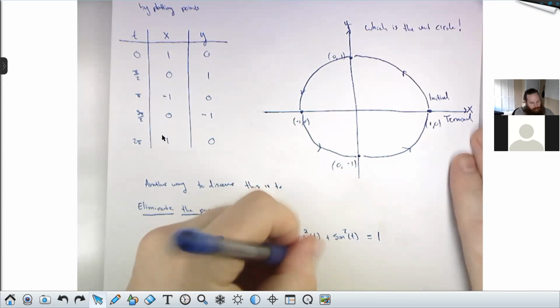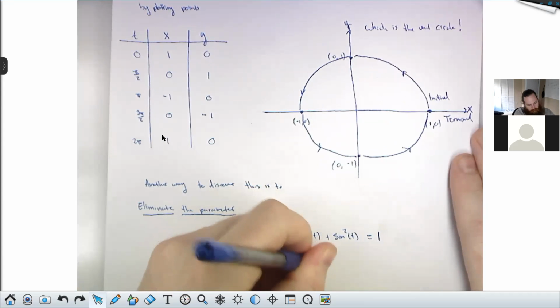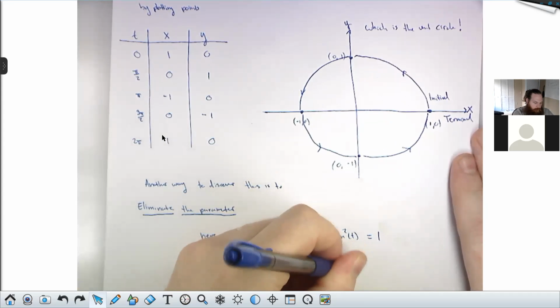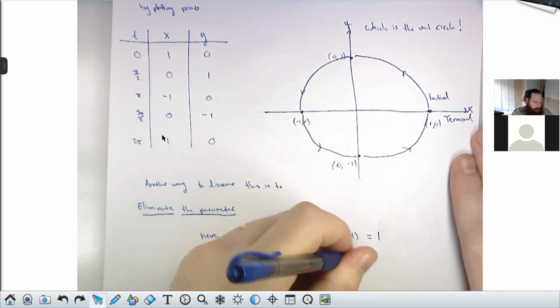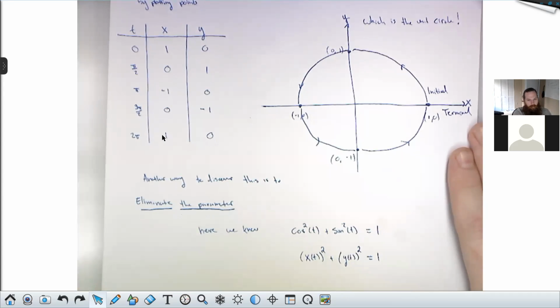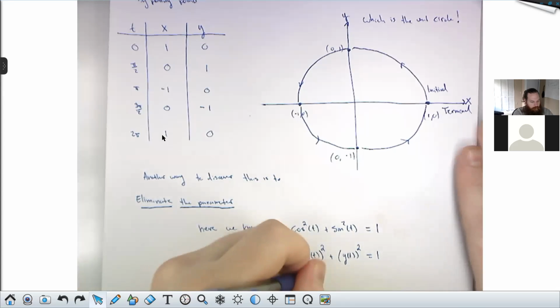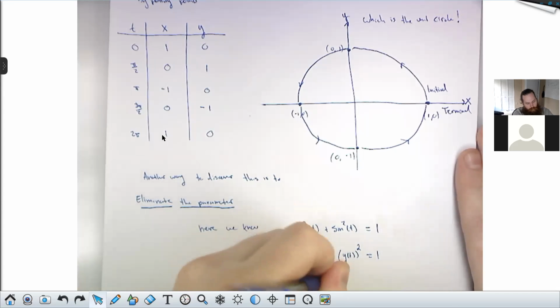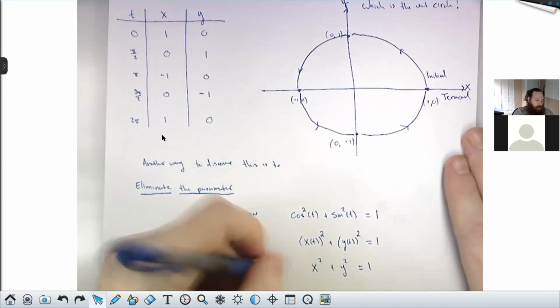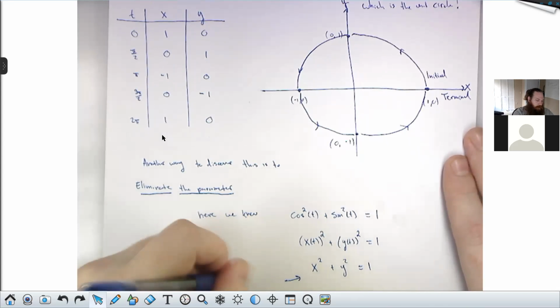But cos squared t, that's x of t all squared. Sine of t, that's y of t. So sine squared t is y of t all squared. In other words, this is the equation x squared plus y squared equals 1, which we know is the unit circle.